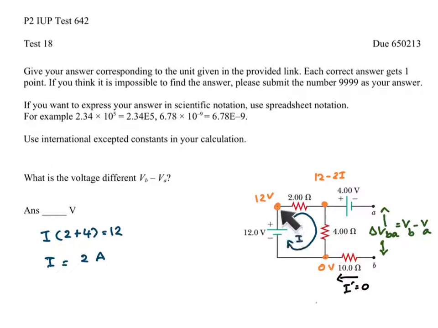So, it means that I times this resistance 2 ohm plus this resistance 4 ohm, because these two resistances connect in series.